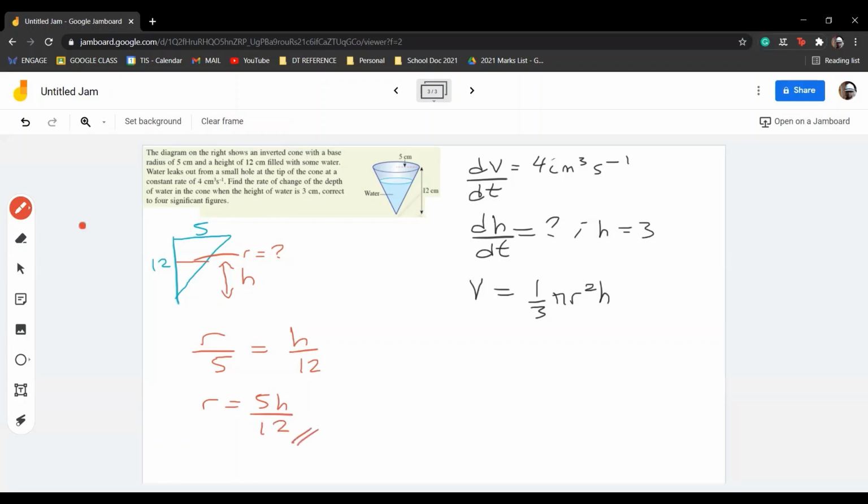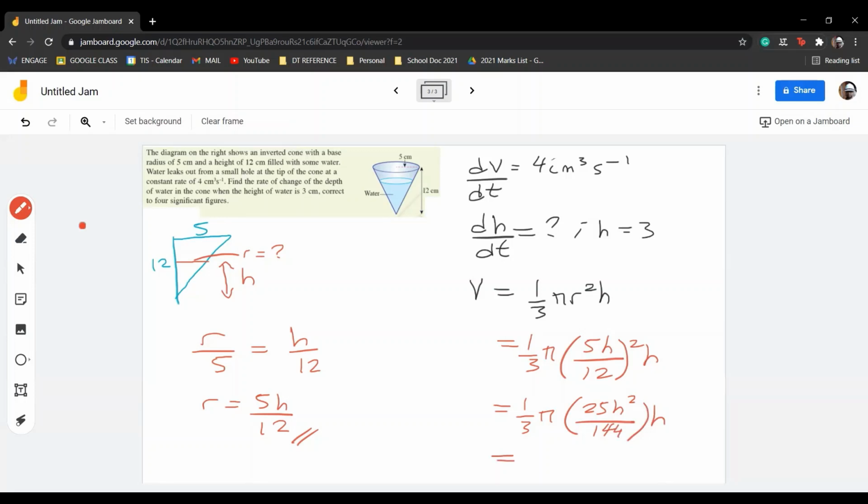Now with that understanding, we can convert our volume. It's 1 over 3 pi times (5h over 12) squared times h, which equals 1 over 3 pi times 25h square over 144 times h.